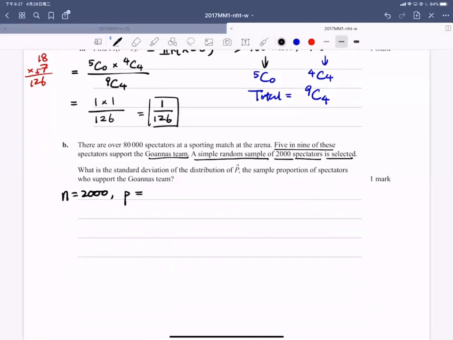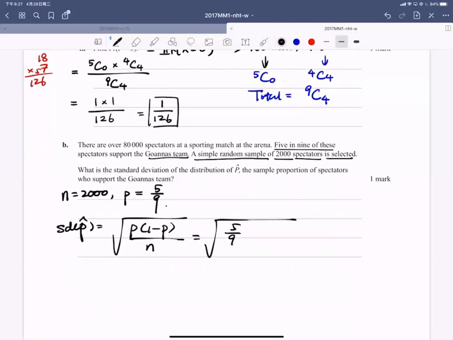My probability of success, who supports the Goanna's team, is 5 in 9. My standard deviation of p hat will be root of p times 1 minus p divided by n, which is 5 on 9 times 4 on 9 divided by 2,000.